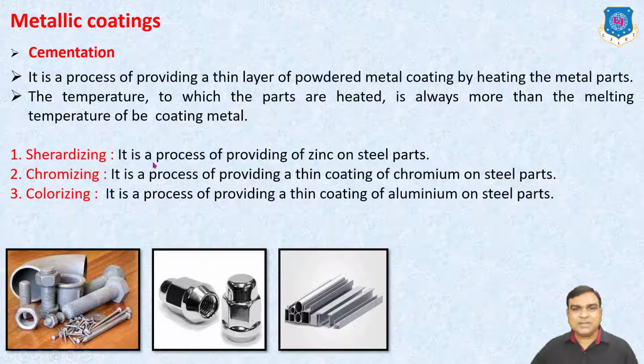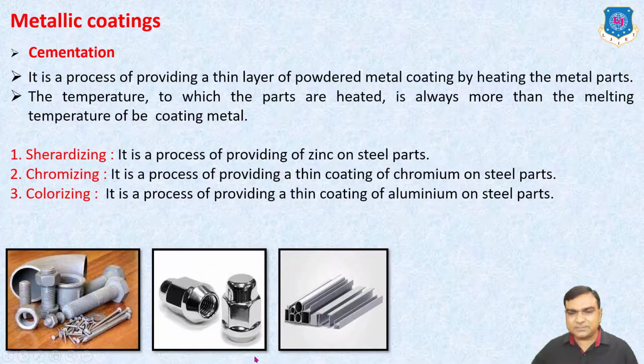Sherardizing is a process of providing zinc on steel parts. Chromizing is a process of providing a thin coating of chromium on steel parts. And calorizing is a process of providing a thin coating of aluminum on steel parts. So these are three examples of three different processes: this is sherardizing, this one is chromizing, and this is calorizing.